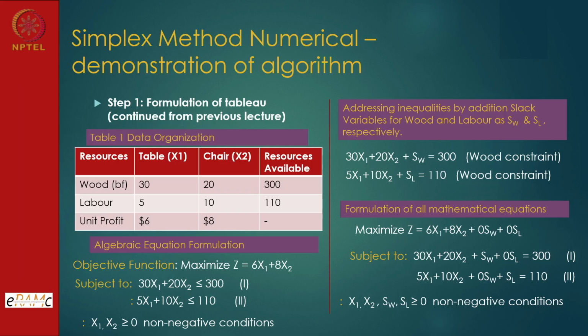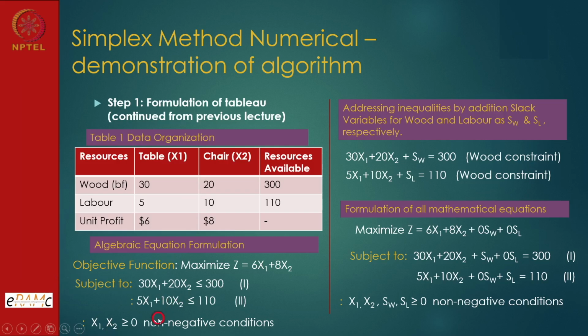The resources are 30 board feet and 20 board feet for table and chair, and labor 5 and 10 hours for table and chair. Resources available are 300 board feet and 110 hours of labor. Unit profit is 6 per table and 8 per chair. That is what we have, and then here is our problem formulation.